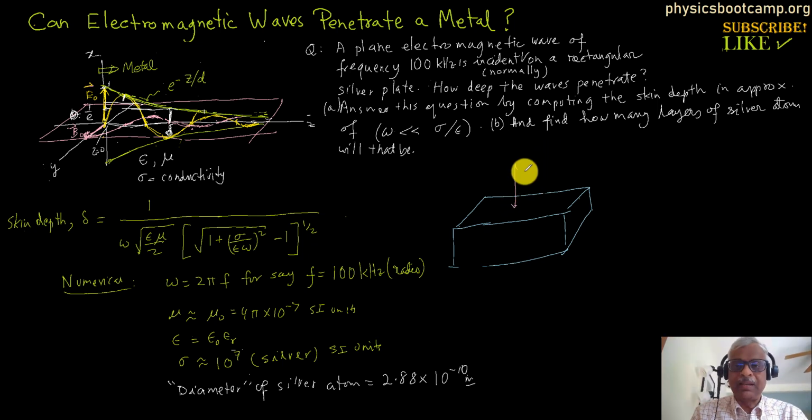So the electric field is pointed that way, and the magnetic field is pointed that way. The magnetic field is going back and forth in that direction, and the electric field is going back and forth in this direction. So when it comes over here, the electric field will be going back and forth in that direction. That's the electric field, which is parallel.